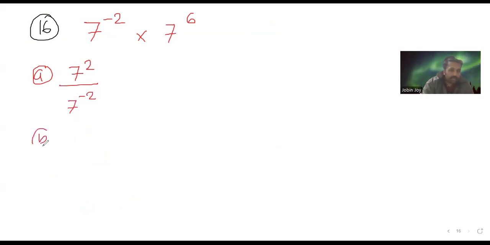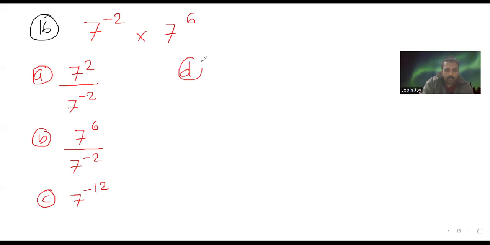Then option B is 7 raised to 6 divided by 7 raised to minus 2. Then option C is 7 raised to minus 12. And finally, option D is 7 raised to 2 the whole raised to 2. These are the four options.